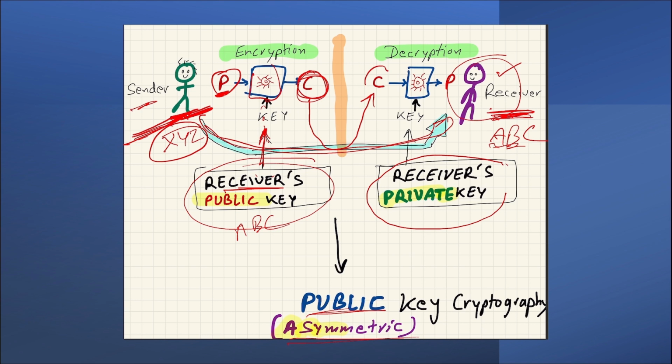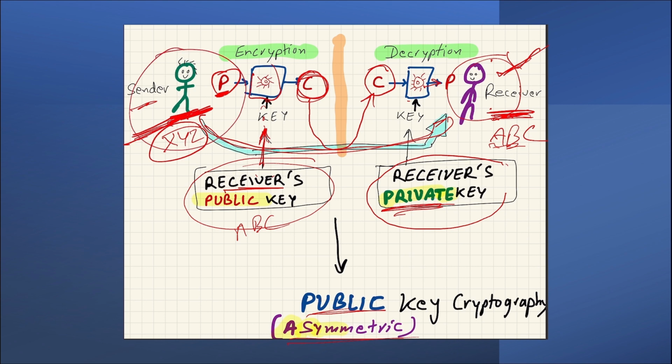Once this ciphertext or encrypted text has been received at the receiver's end, what she needs to do is use her own private key. Because she knows her private key, basically her password in a way, she will just use the private key and decrypt the message. So this is how public key cryptography works.